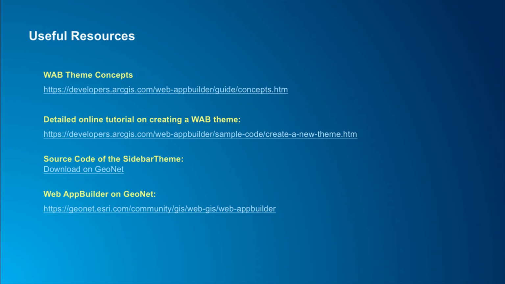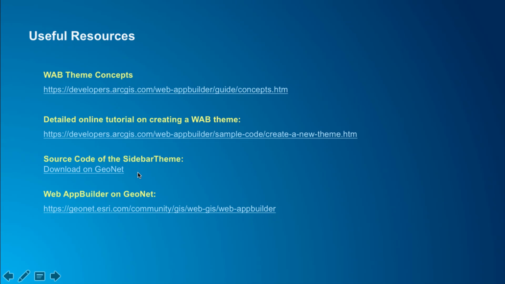All right, I think that's it. I know it's kind of hard for me to cover everything within a 1 hour session, to cover all these 4 big components. But I think the slides will be available to you to download later. And here I have the source code uploaded on GeoNet.